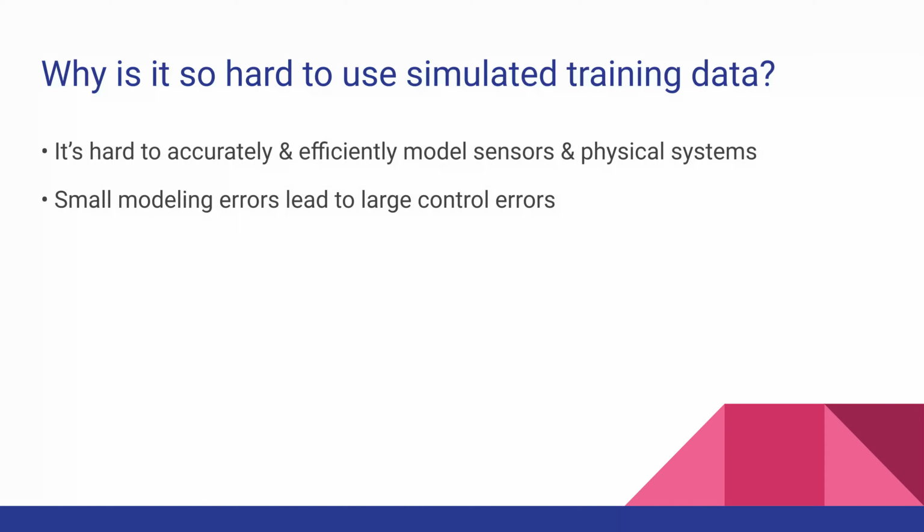Even if I train my policy or my strategy in the simulation, a small error in the sensing in the real world can actually lead to a very large error, right? So this is quite common in robotic systems.